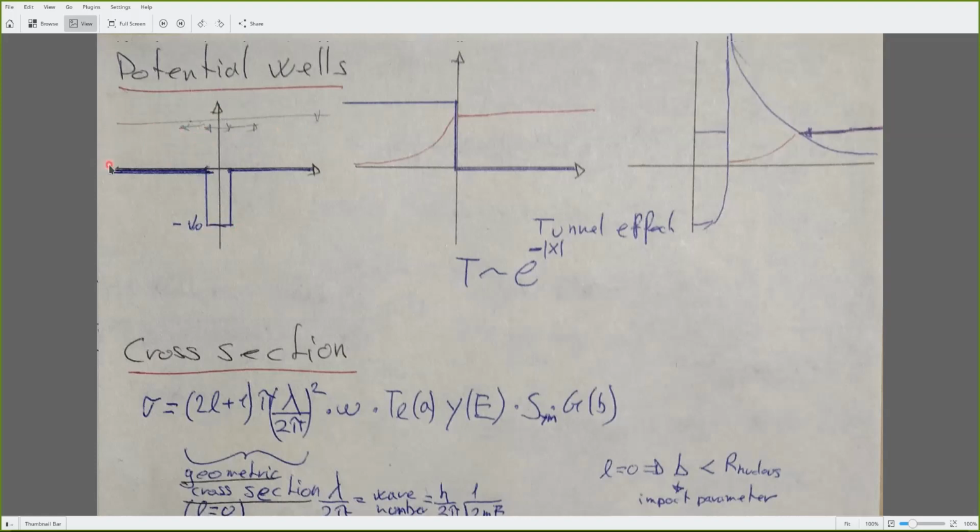Classically, as said before, like in a well for the skateboard, you arrive with the energy, you have more energy, and then you go down. So classically, the transmission is perfectly one, because there is no reason why you cannot pass this potential well.